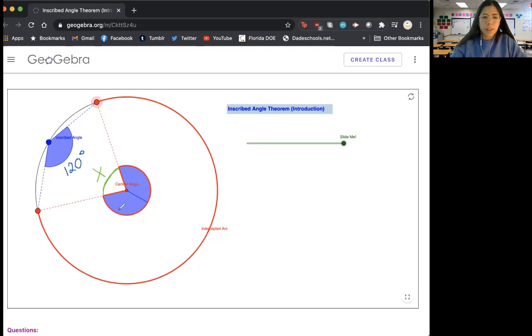How much would this be? Good, 240, because this is twice. So this is 240. So how do I get the missing amount, the green?